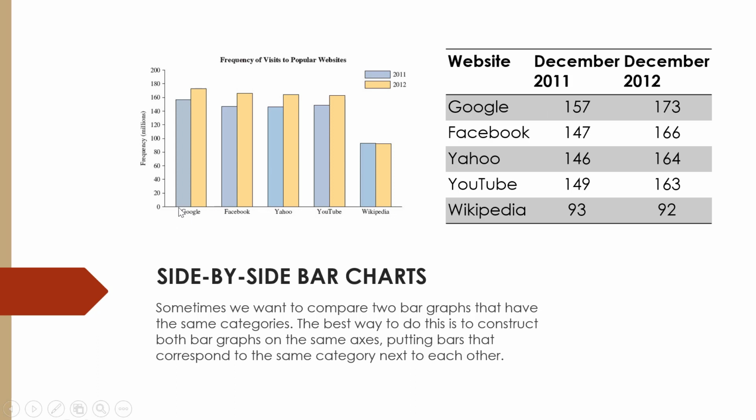So for example, for Google, 157 is the blue bar, and 173 is the yellow bar. In this way, we are able to compare not only between categories, but also between December 2011 and 2012 within each category.